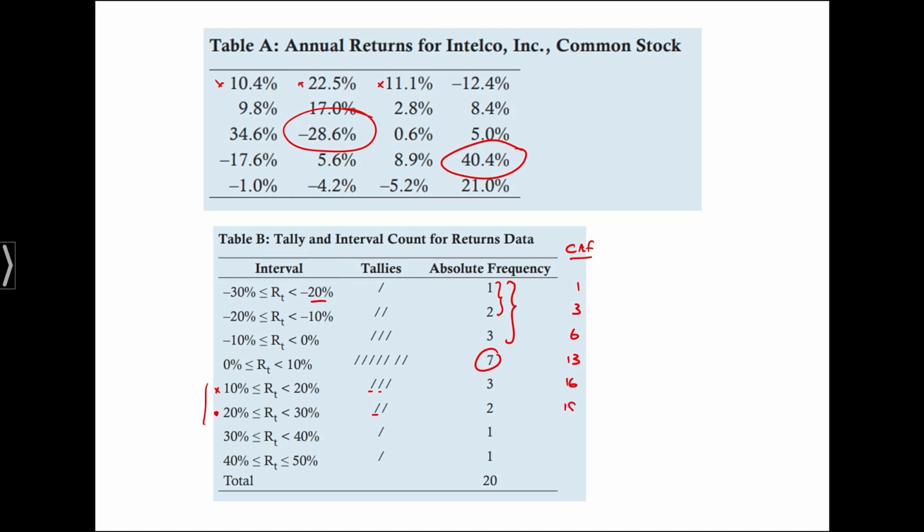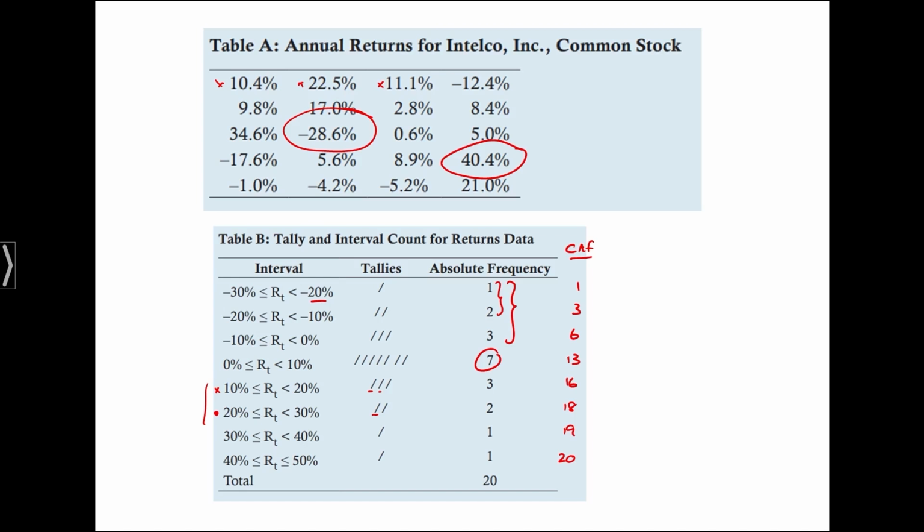Add the 2. 18 observations lie below 30%. And then, of course, we get 19 lying below 40% and 20 lying below 50%. Okay, so that's our cumulative absolute frequency. The total number of observations lying below the upper interval.